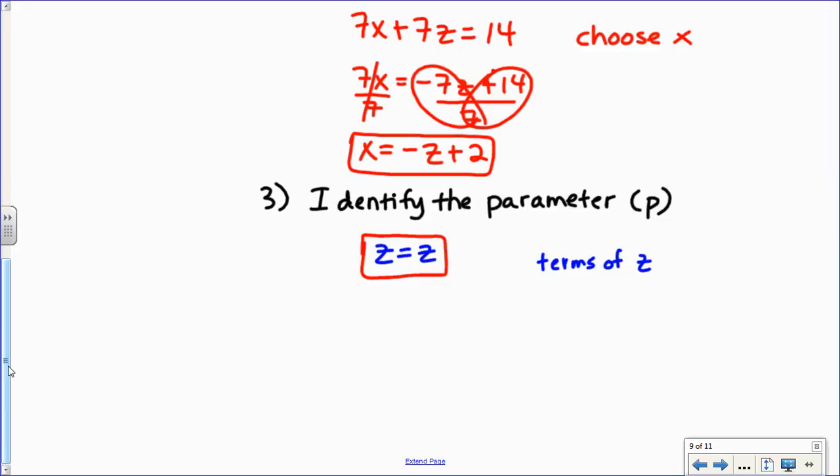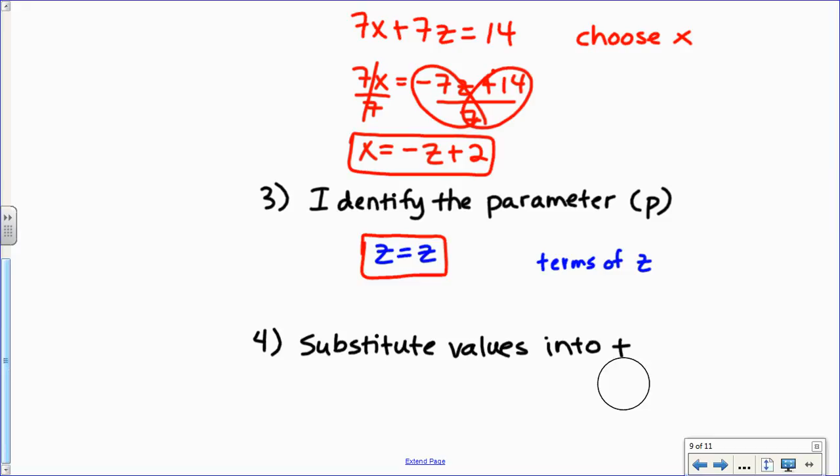I need a y equals. So substitute values into one of the originals. It doesn't matter which one.